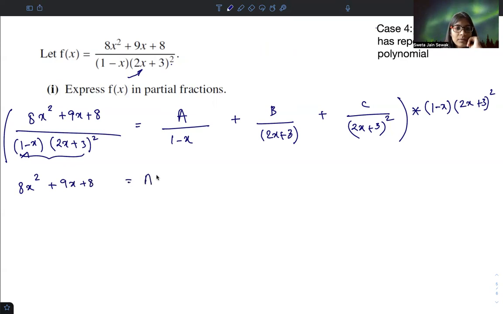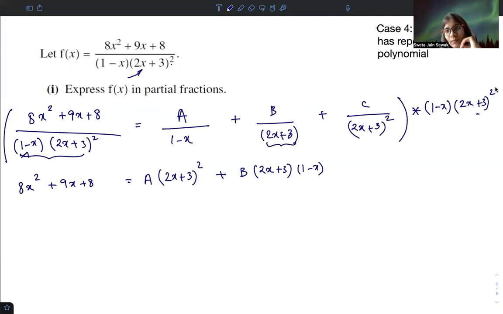And over here, we are left with A multiplied with 2x plus 3 squared, plus B multiplied with 2x plus 3 and 1 minus x. Why? Because one of the 2x plus 3 will cancel out, but we have a square, so there'll still be one 2x plus 3 left, and the 1 minus x, plus C multiplied with 1 minus x.